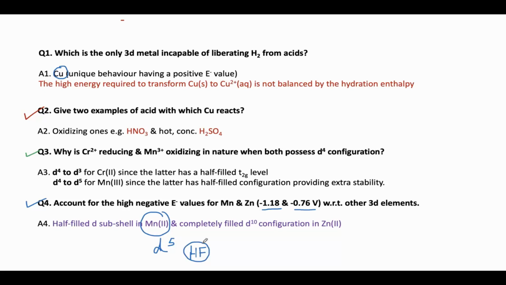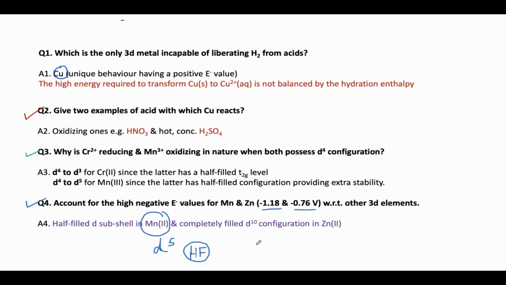So from this stable configuration, it does not want to come down to the Mn0 configuration, that is the 3d5 4s2 configuration, or you can say 3d6 4s1 configuration. So Mn2+ is reluctant to come to the lower value, that is Mn0.